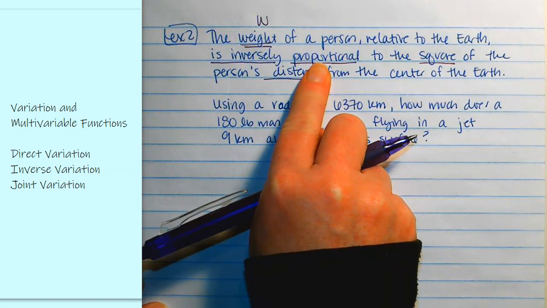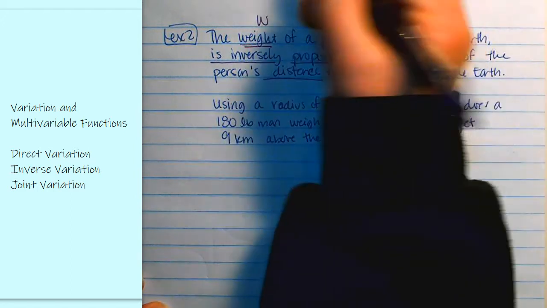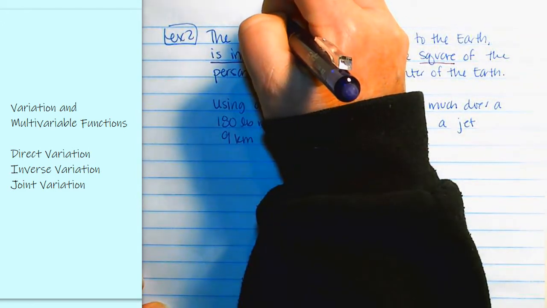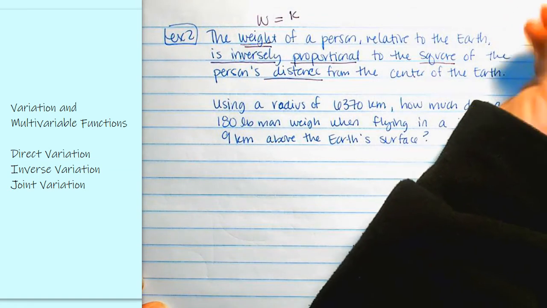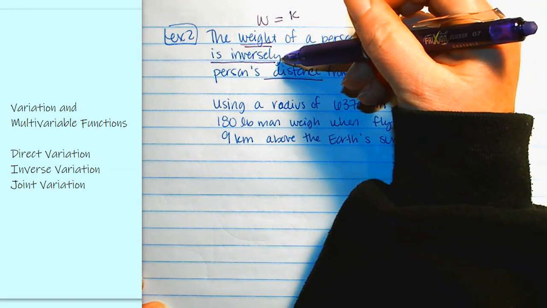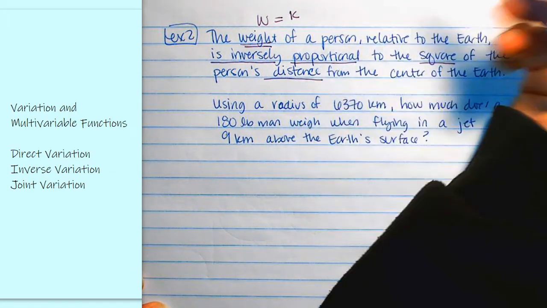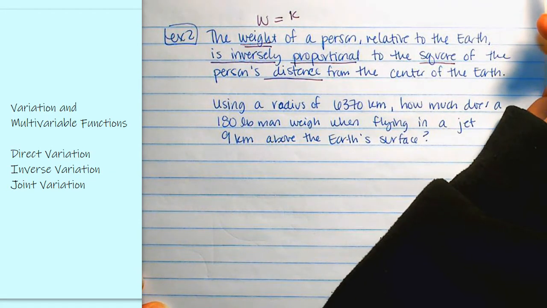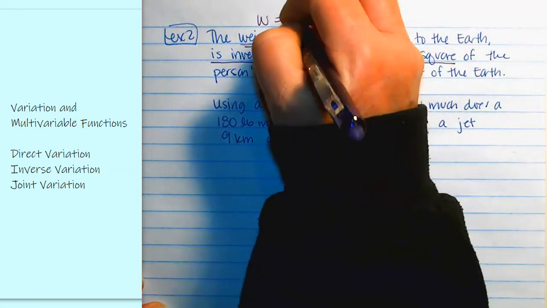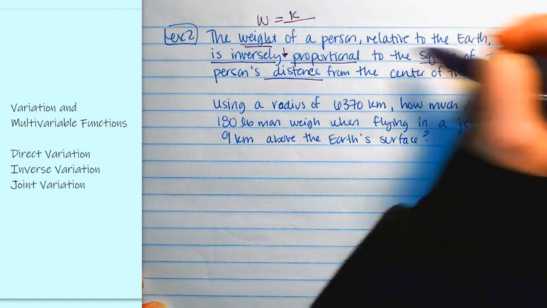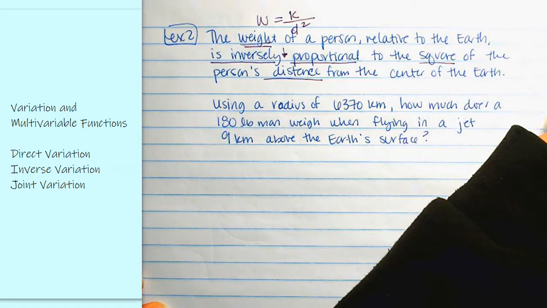That means two things to me. It's not equal to it. It has to be equal to that constant of variation. So is inversely starts out the equals K. Inversely tells me that whatever follows, the square of the distance, is going to be in the denominator. So inversely means put it in the denominator. So I'm going to say square of the distance is distance squared.